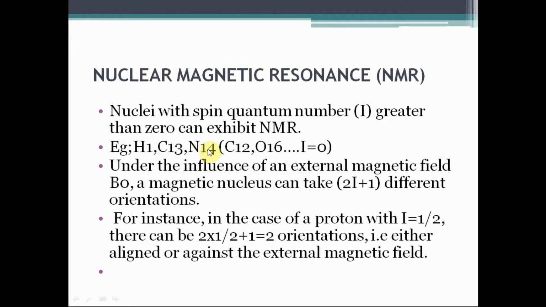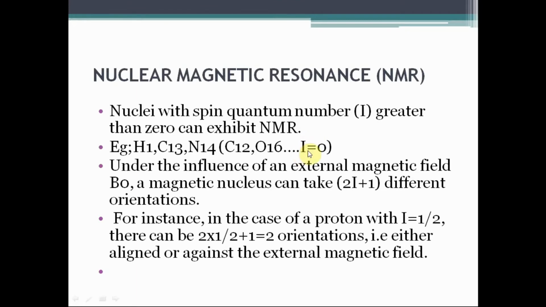Whereas nitrogen has 7 protons and 7 neutrons. The 7th proton has a plus half and the 7th neutron has another half, making the spin quantum number I equal to 1. Consider carbon 12, oxygen 16, etc. They contain an even number of protons and an even number of neutrons, so the protons cancel each other and the neutrons also cancel each other.